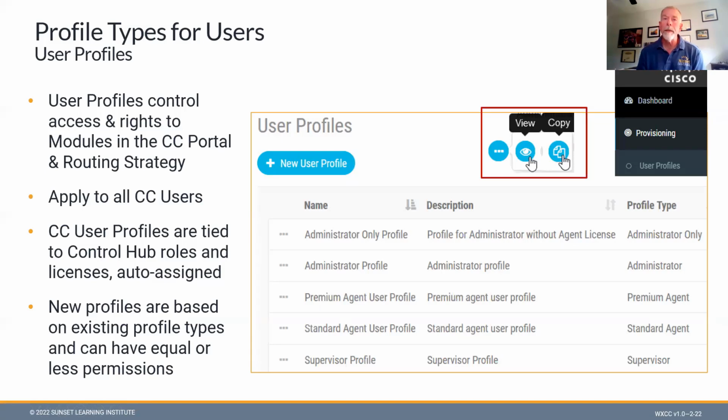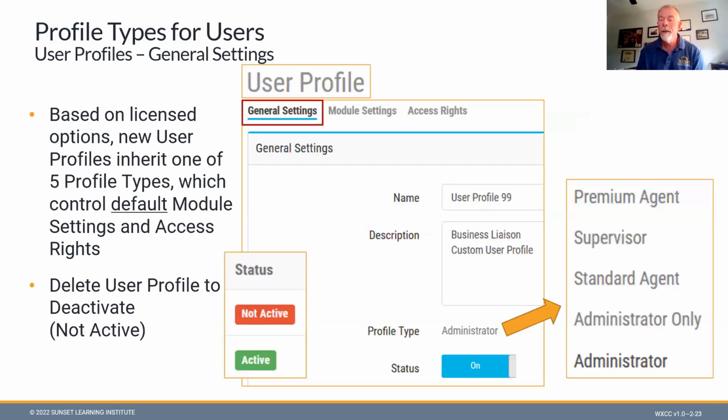So if you created somebody and flagged them as an administrator over in the Control Hub, when they show up over here with user profiles, they inherit the profile type of the type of user that you created within the Control Hub. This is a little bit different behavior from some of the legacy Webex Contact Center stuff back in the CJP days that some of you might have hung out with me during. So slightly different behavior: now your users in the contact center are tied tightly and directly to things that you've configured within the Control Hub.